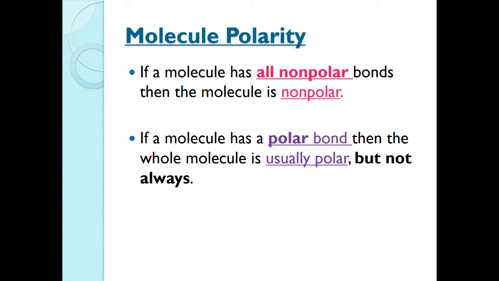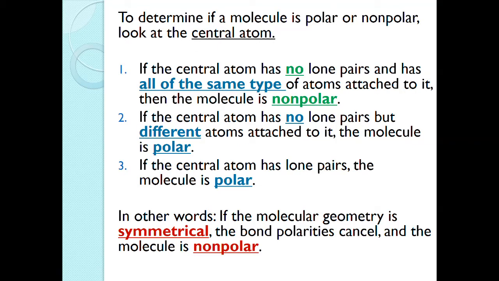Okay, and if a molecule has a polar bond, then the whole molecule is usually polar, but not always. Okay, so there's a number of things that will help us determine this with more certainty than just doing it this way. So, that criteria would be these 3 rules right here.